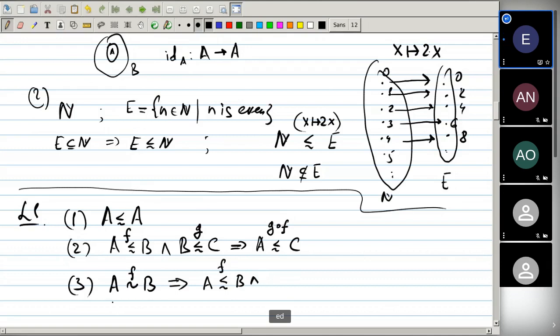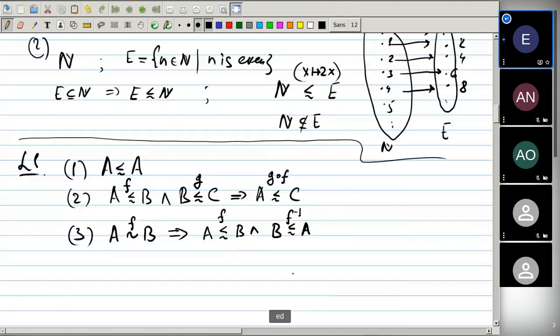And likewise, if they have the same number of elements, it must be so that B has no more elements than A does. Do we have an injection from B to A? The converse of F. Yes, the converse relation to a bijection is a bijection itself, so in particular it is an injection.